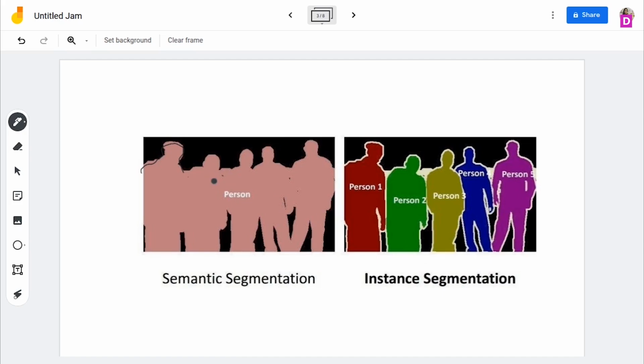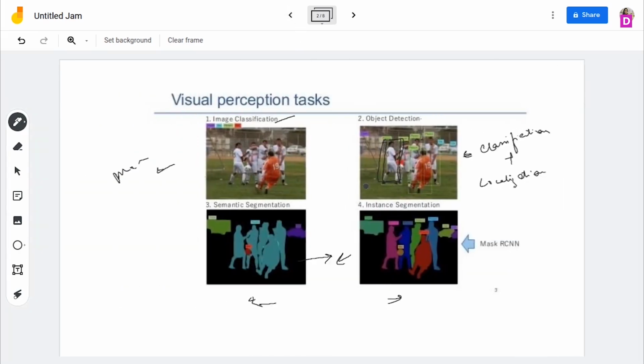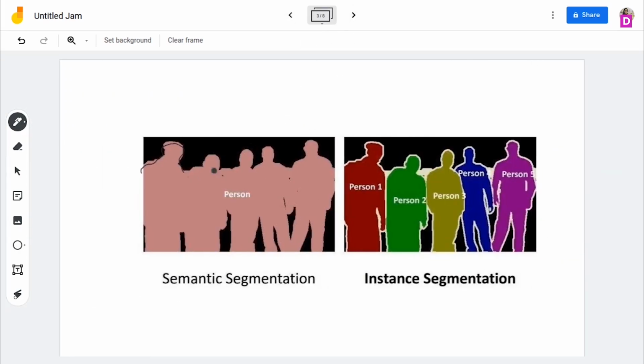See, all these people, they are all person. Since we are using a mask to give us all the outputs, one case could be that all these people, since they are all from the same class, get the same color.